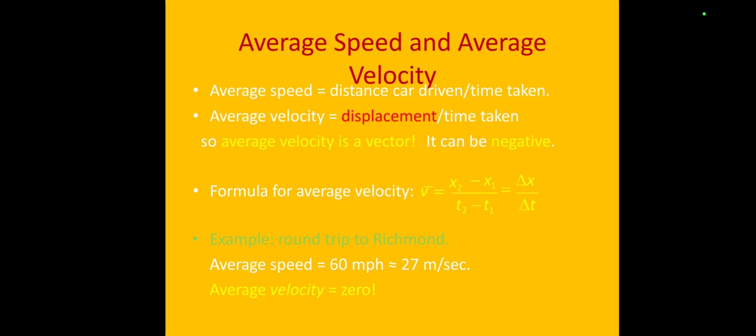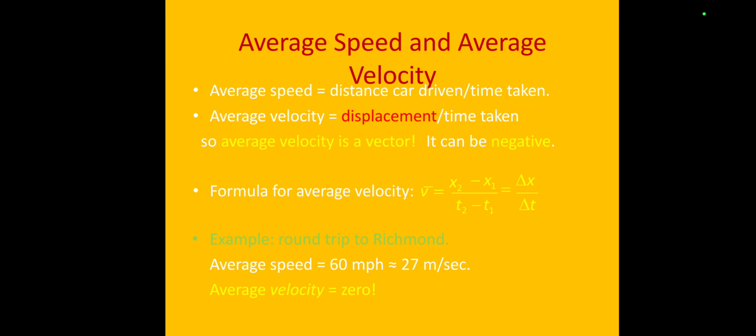Formula for average velocity: v bar is equal to x2 minus x1 upon t2 minus t1. That means x1 is the initial position, x2 is the final position, t1 is the time at x1 and t2 is the time required to reach x2. So here v bar is equal to delta x upon delta t.